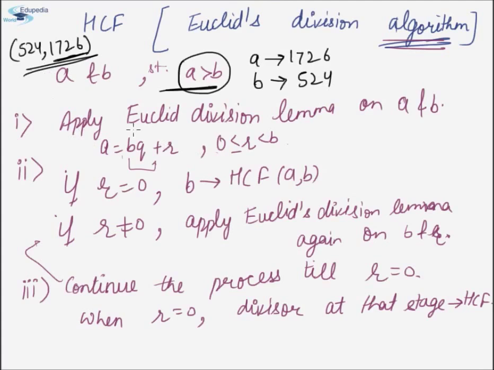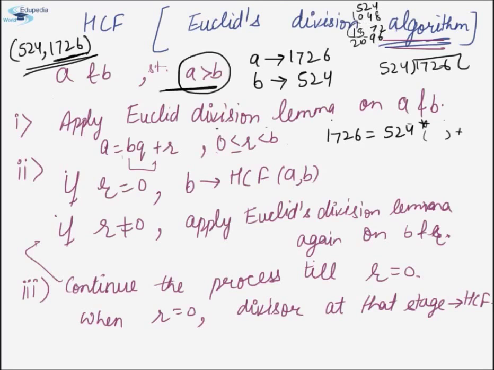The first step says apply Euclid division lemma on A and B. So let us apply on these two numbers the Euclid division lemma. We will get 1726 as 524 into some quotient plus some remainder. So let us divide. 524 has multiples as 1048, 1572, 2096 and so on.